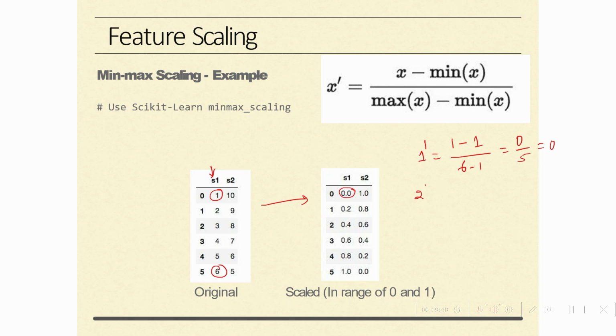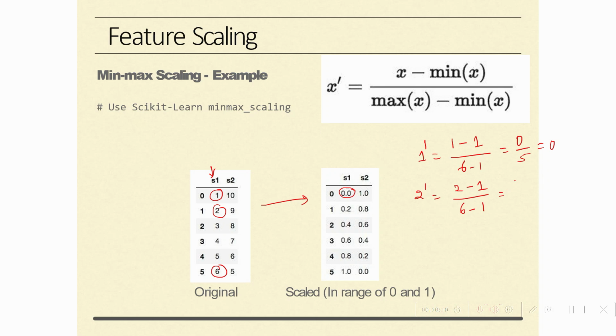Suppose we see the second variable, how do we get the value 0.2? The x value is 2. 2 minus the minimum of the entire column, 1, divided by 6, the max of x for the entire column, minus the minimum of the entire column, 1.